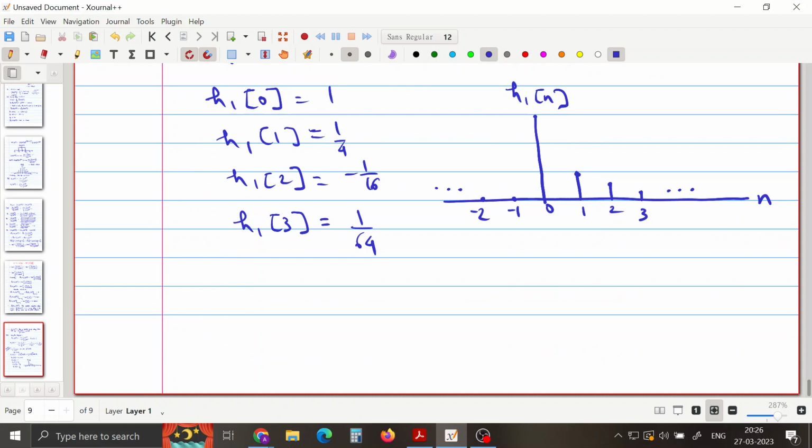Okay, so this is the impulse response of the first filter or the first system.